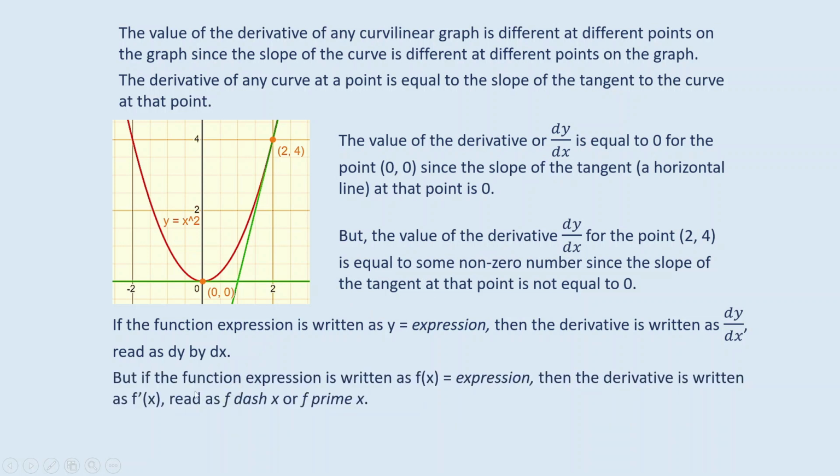But if the function expression is written as f of x equal to some expression, this could have been written as f of x equal to x squared, then the derivative is written as f dash x or f prime x. This is read as f dash x or f prime x. Okay. So students, this is all for our today's session.